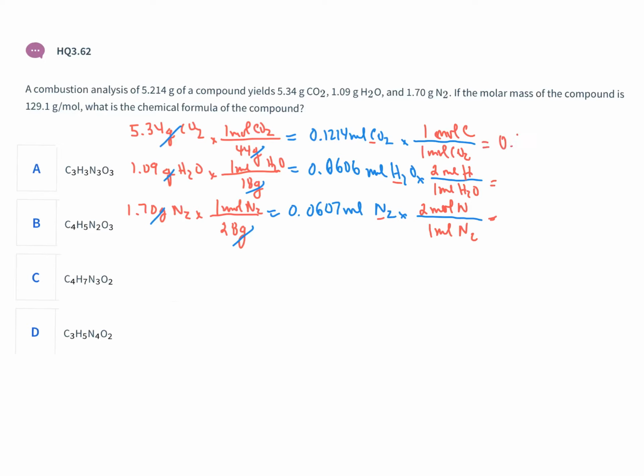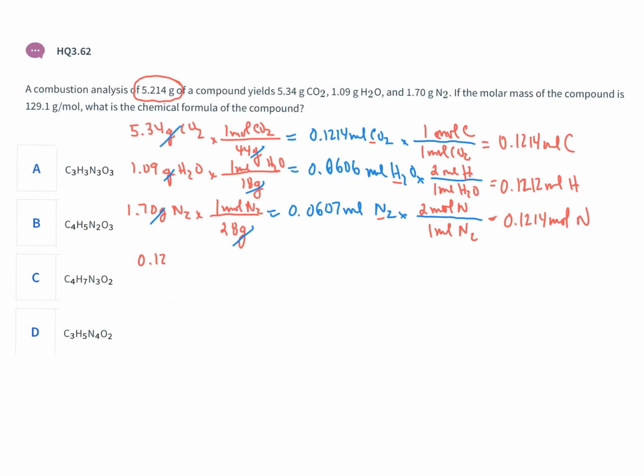So I have approximately 0.1214 moles of carbon, 0.1212 moles of hydrogen, and 1.214 moles of nitrogen in this sample. So just like I did before, I need to now find the mass of carbon, the mass of hydrogen, the mass of nitrogen, subtract that from the total mass to find what's the mass of oxygen I have remaining from this sample.